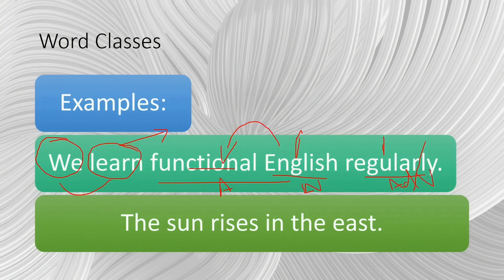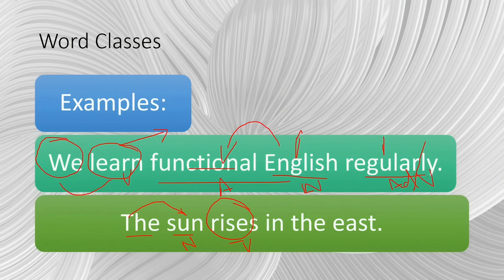The sun rises in the east. Rises is an action, so rises is a verb. Who rises? Sun. Sun is a noun. It's a name of some entity, and the is qualifying the noun.